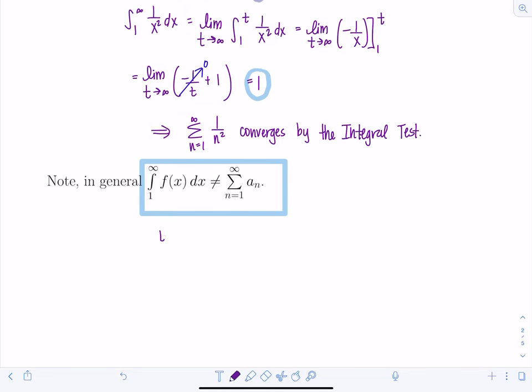In fact, the sum from n equals 1 to infinity of 1 over n squared is equal to pi squared over 6. And if you ever take complex analysis, you'll see how you can find that sum. So notice it's not equal to 1. All the integral test tells us is whether it converges or diverges, but not necessarily what it will sum to. Okay, so now let's recap a little bit.